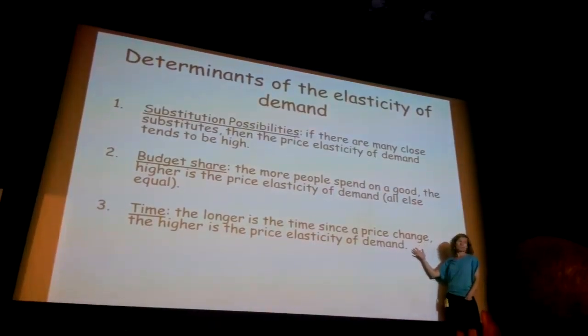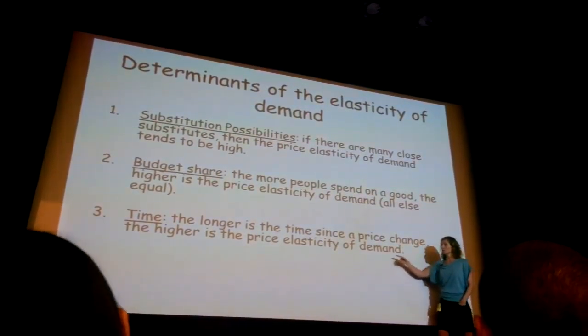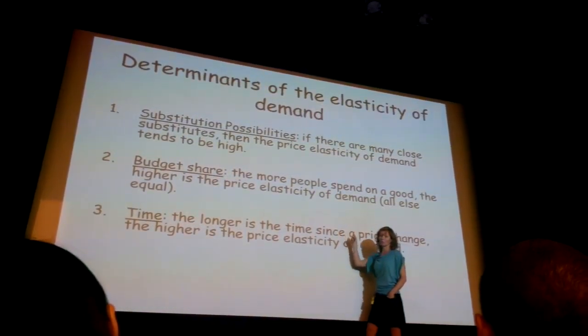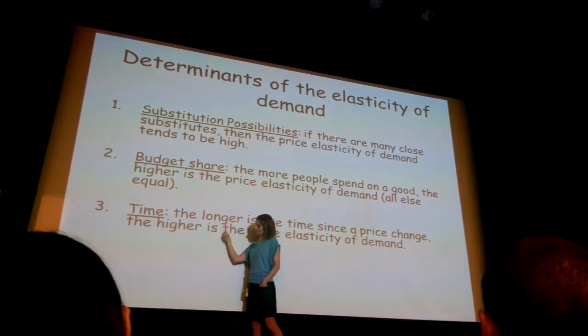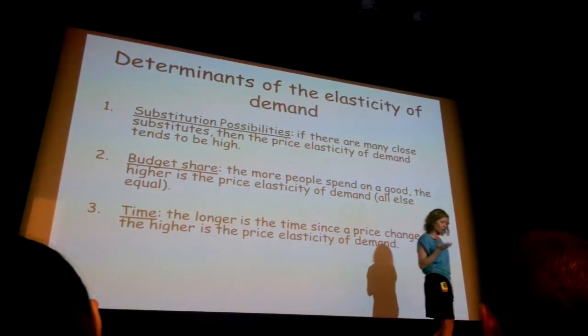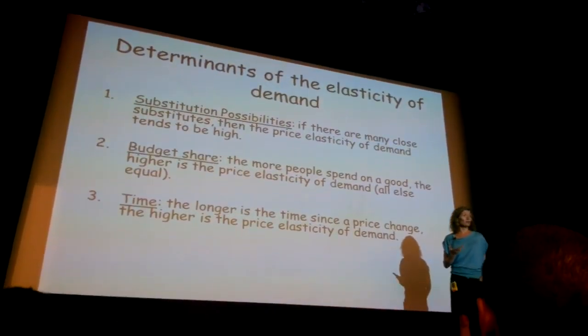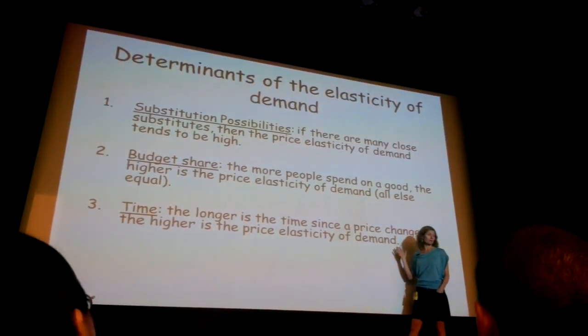Over the long term, people are going to find a way to substitute out of goods where you have these price increases. So the demand for a good over the course of a day might be relatively inelastic, but the demand for a good over the course of a year might be relatively elastic, just because we've changed the time horizon.